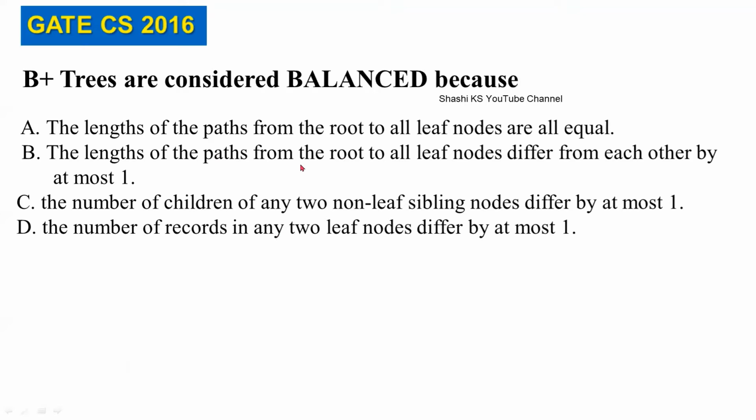The length of the paths from the root to all leaf nodes differ from each other by at most 1. This is not true. The number of children of any two non-leaf sibling nodes differ by at most 1. This is also not true. The number of records in any two leaf nodes differ by at most 1. Such a rule is also not there. So the reason for B plus tree is considered balanced is because all the nodes are at the same depth, which is option A is the right answer for this question.